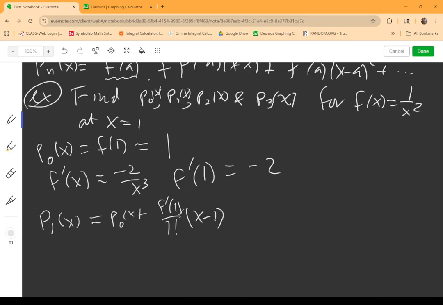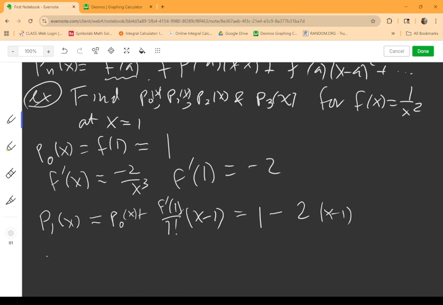So we get 1 minus 2 over 1 factorial times x minus 1, and this quantity is just 2, so let me write that as 2. That's our first polynomial.